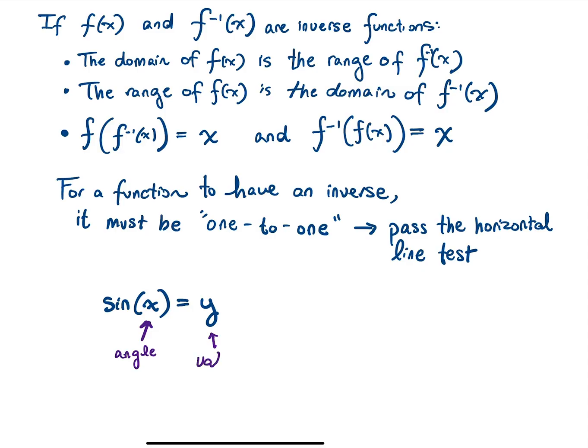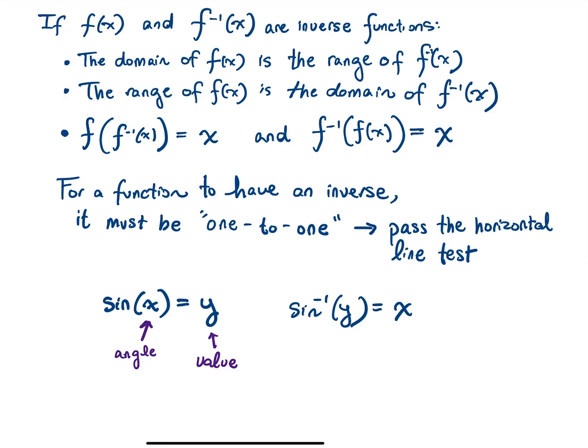I'm just going to say value. So if we have the inverse sine, which we'll define in a moment, so the notation would be like this, using this inverse notation. Let's actually swap x and y here, just to show this swapping of inputs and outputs.